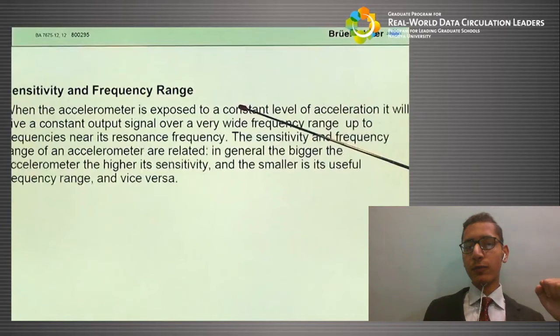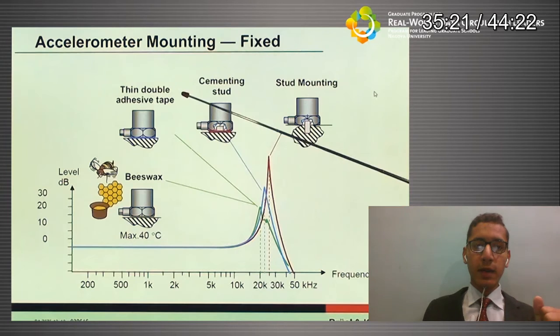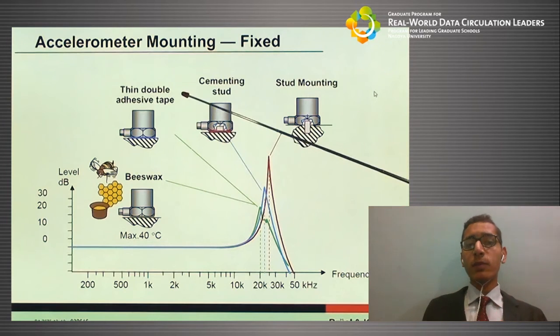We have sensitivity and frequency ranges as explained in this paragraph. Then we have accelerometer mounting, which is fixed. We have three different mountings: thin double adhesive tape, cementing stud, and stud mounting.